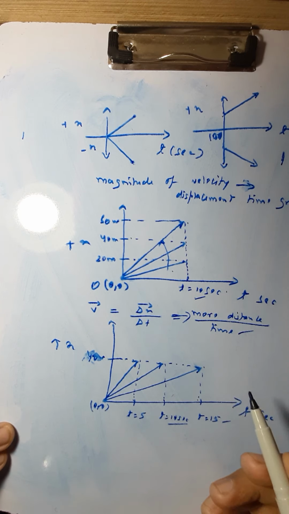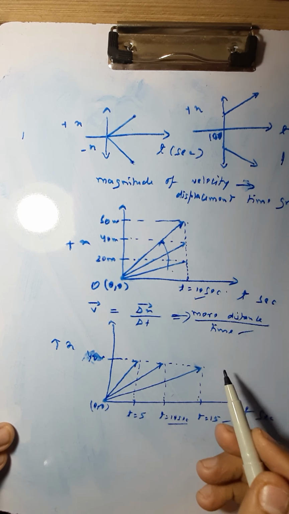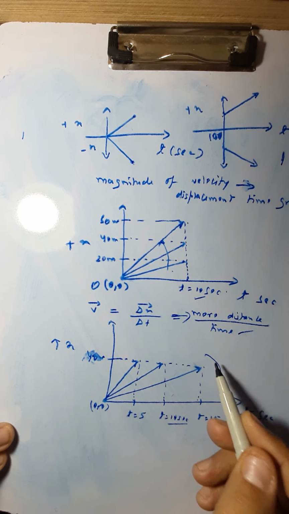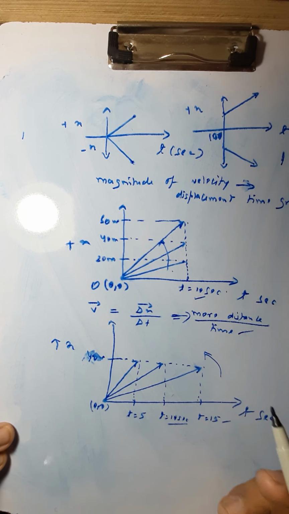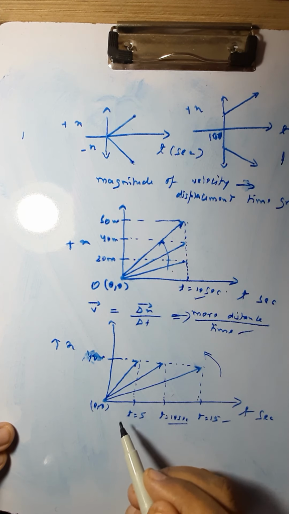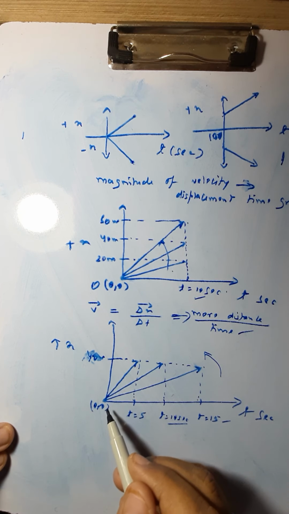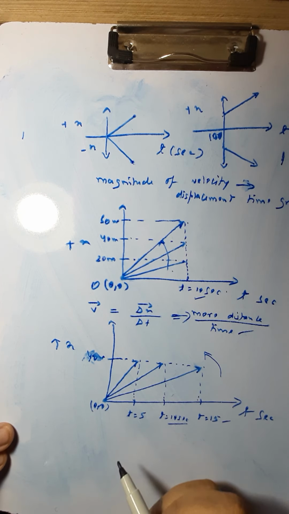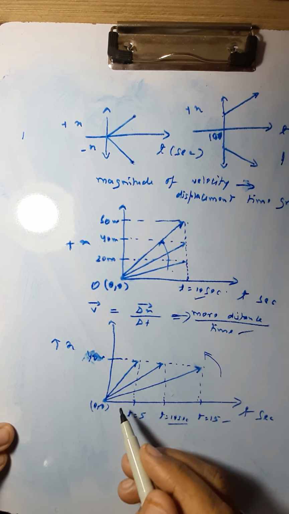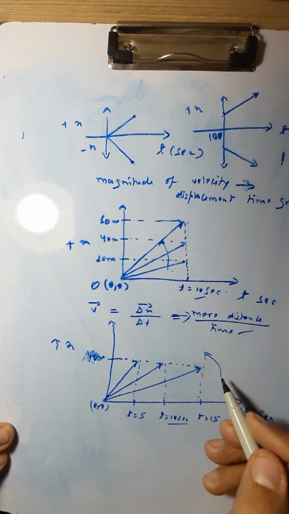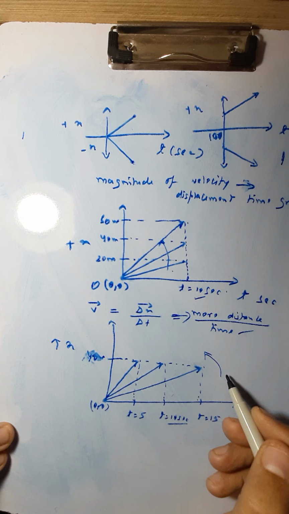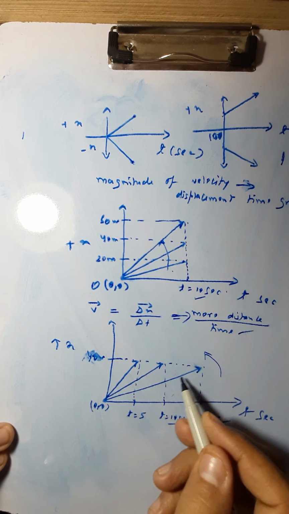So we have seen in this case also the graph of a particle moving in a positive x direction with increasing magnitude of velocity has become steeper. Okay.